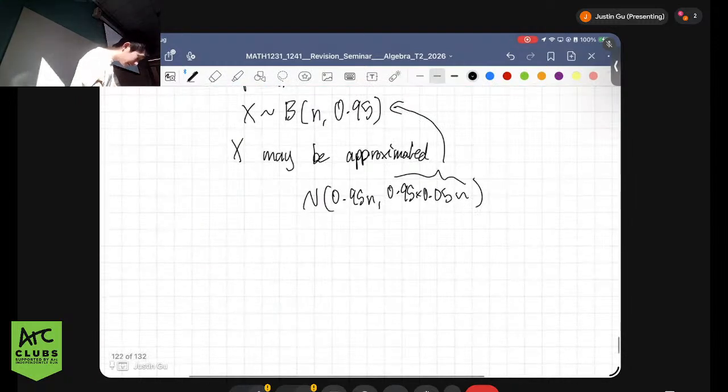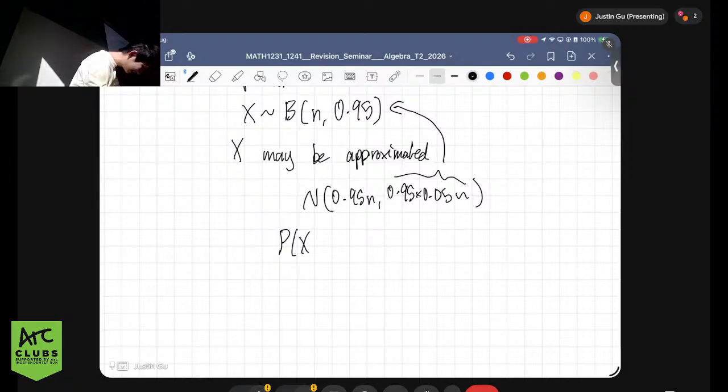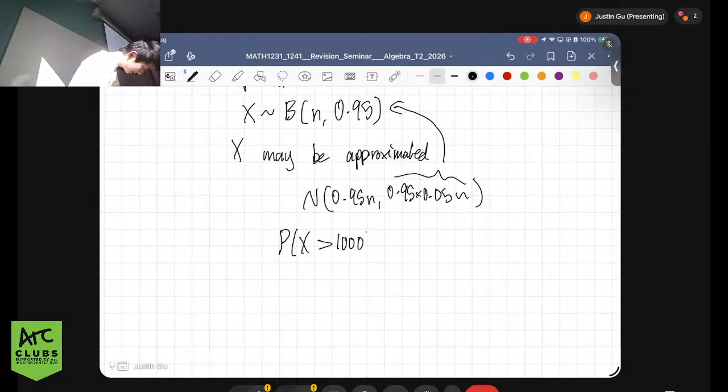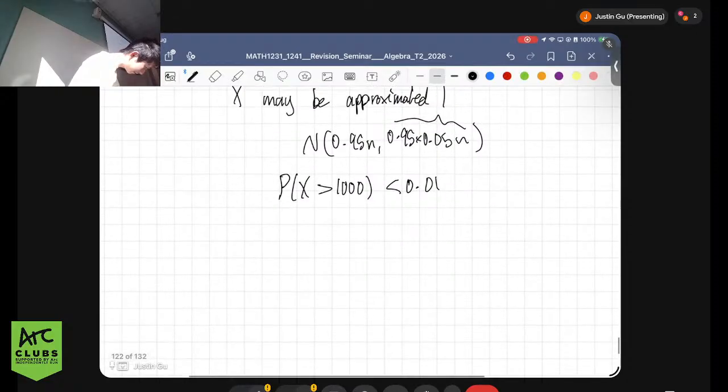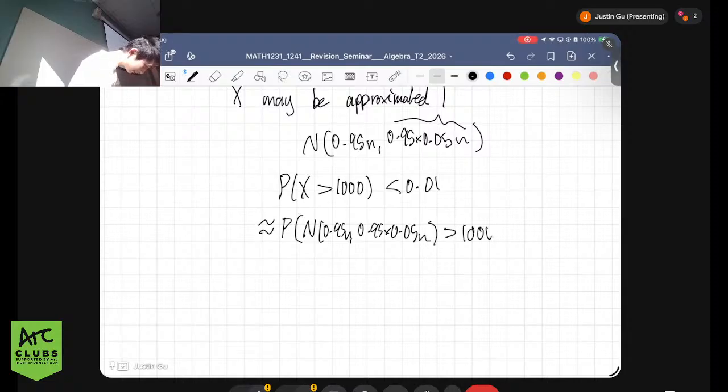So we want the probability that x is strictly bigger than 1,000 to be less than 0.01, but this left-hand side is approximately the probability of n being bigger than 1,000.